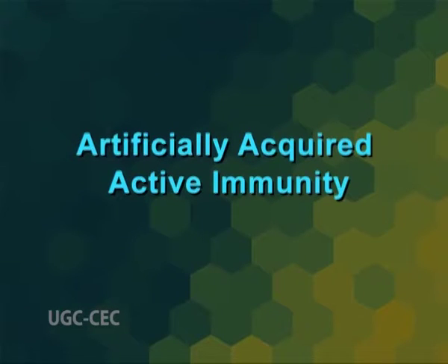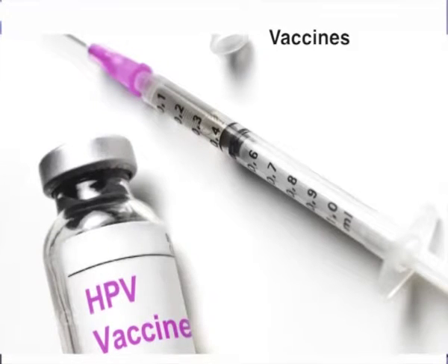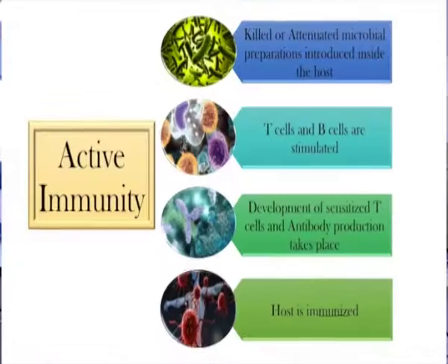Next, artificially acquired active immunity. A host can acquire artificial immunity by vaccination, where the weakened infectious agent is purposely introduced inside the body to initiate the immune response against it in order to provide immunity.